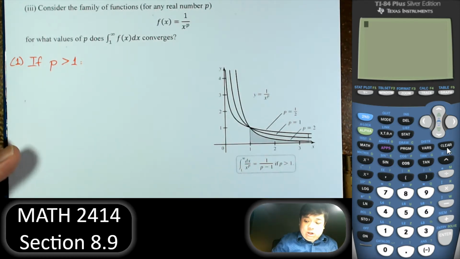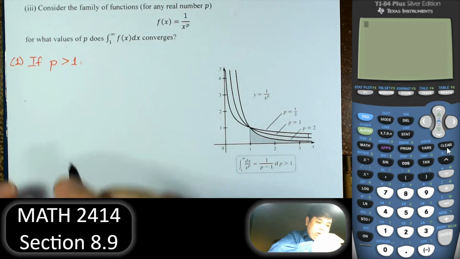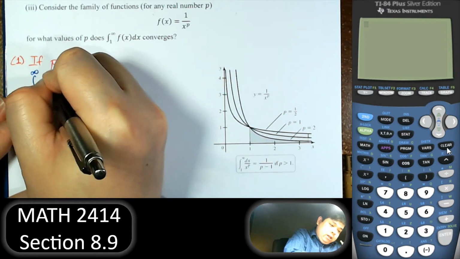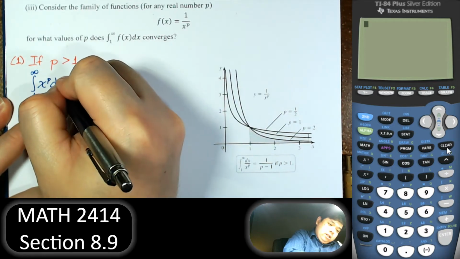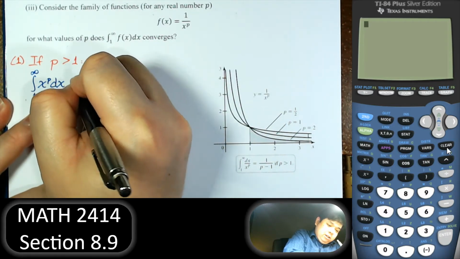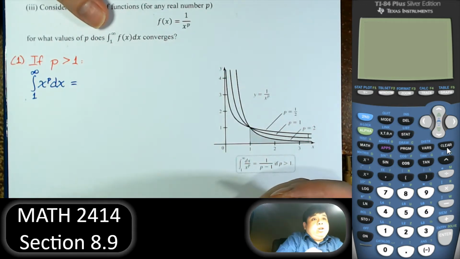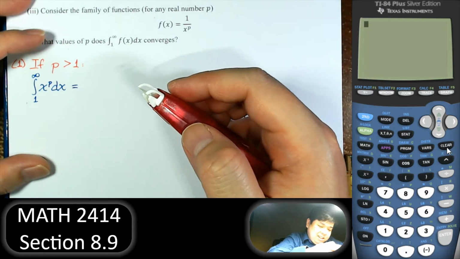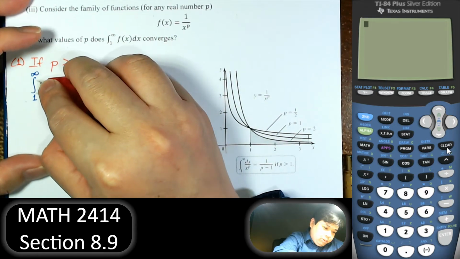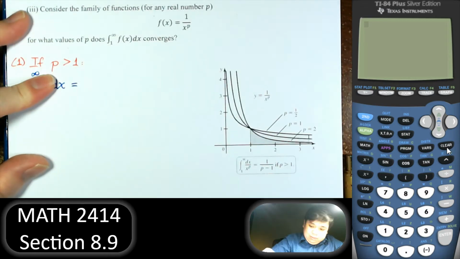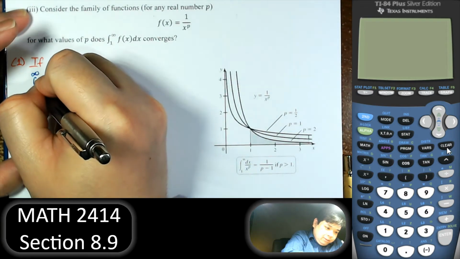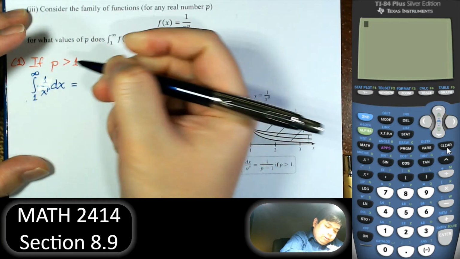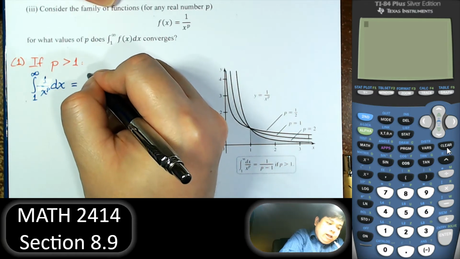Right, now we just integrate. The integral becomes the integral from 1 to infinity of 1 over x to the p dx.